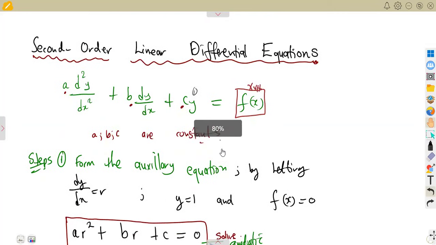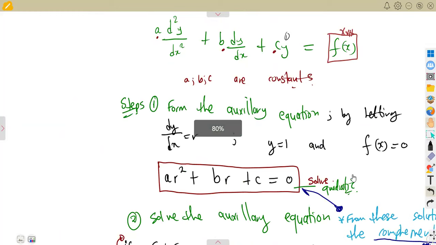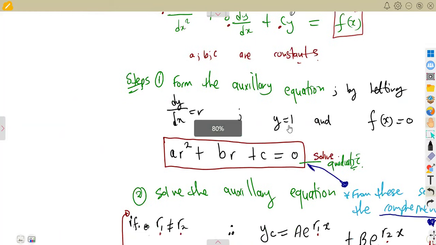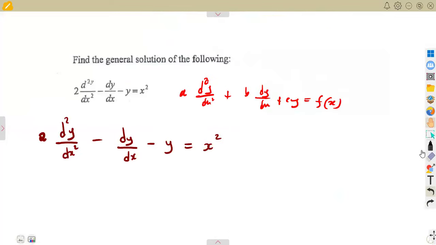The conditions are that our f of x must be 0. y is supposed to be 1. dy/dx must be r. So in place of dy/dx, we must have r. In place of y, we must have 1. In place of f of x, it must be a 0. So wherever there is a second derivative, that will be r squared, so this will be given as 2r squared.